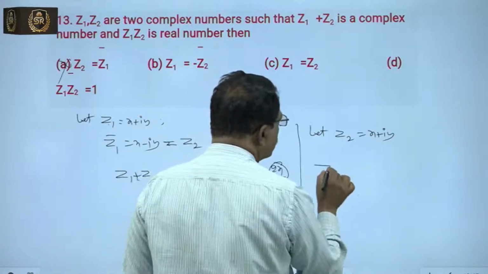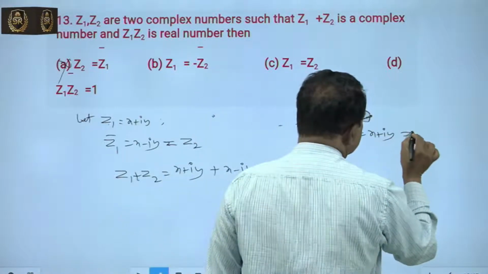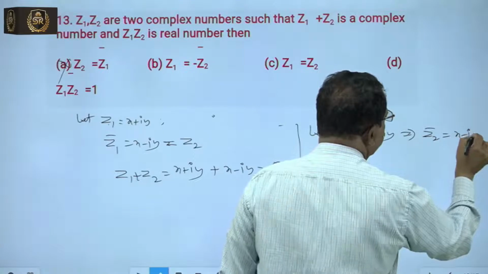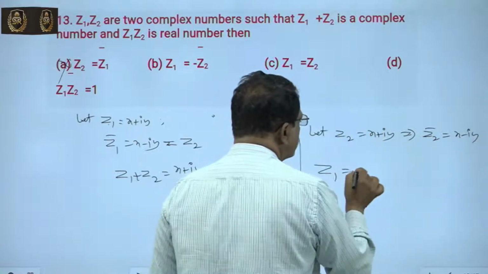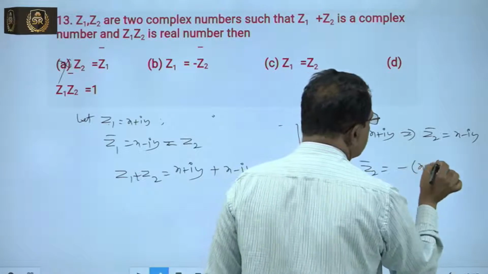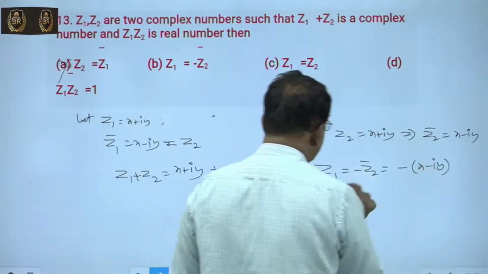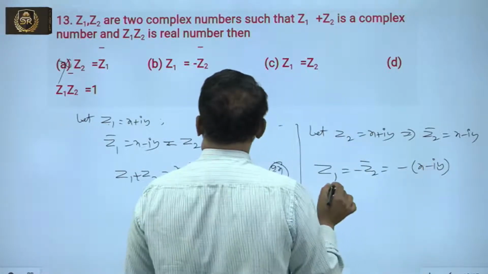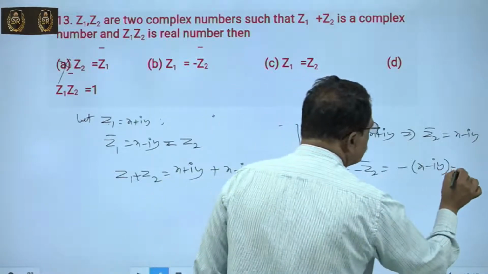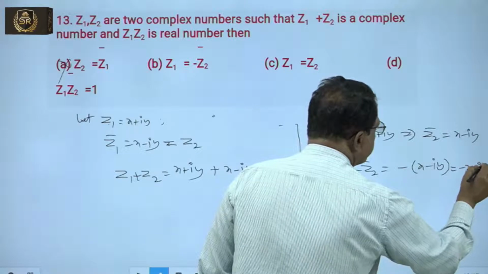Here Z1 equals minus Z2 bar, that equals minus of x minus iy, that equals minus x plus iy.